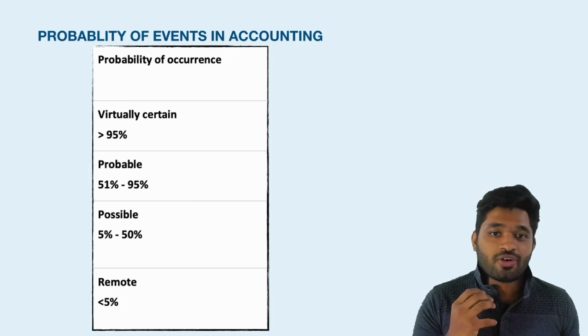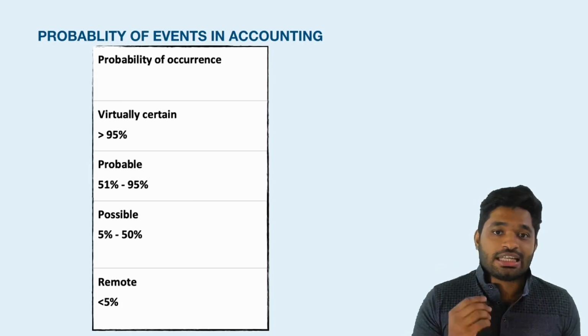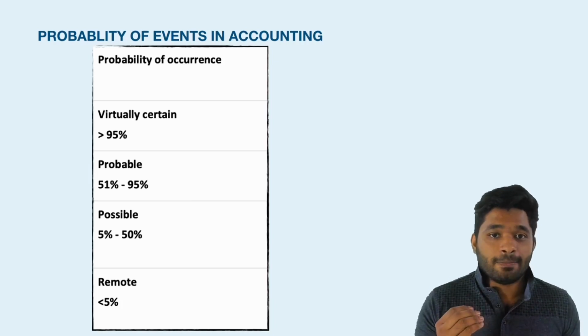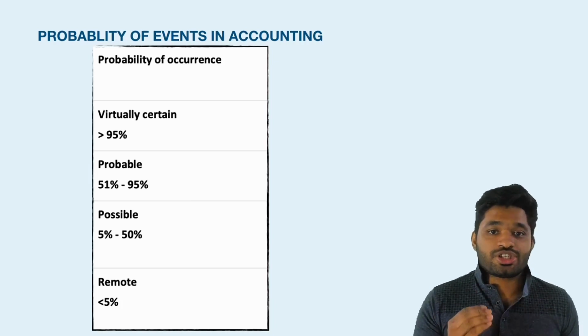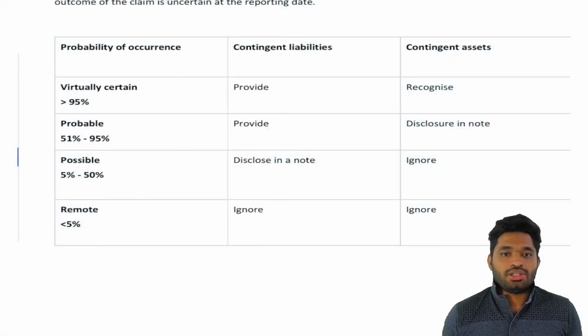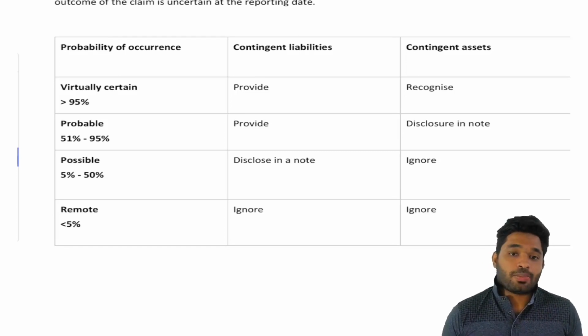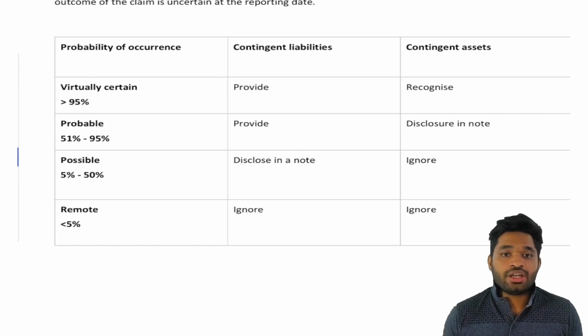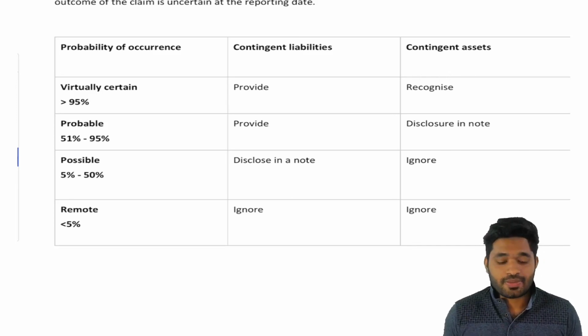If the probability of occurrence is between 5% to 50%, then we call it possible. But if it is between 0 to 5%, we call it a remote possibility. The table here will provide us the guidelines to identify when should we keep a provision and when should we consider them as contingent assets and liabilities.